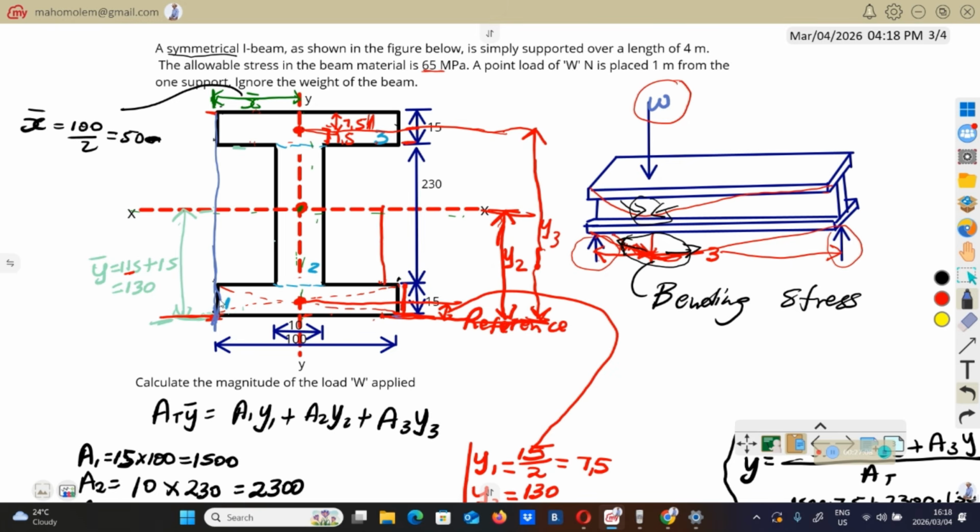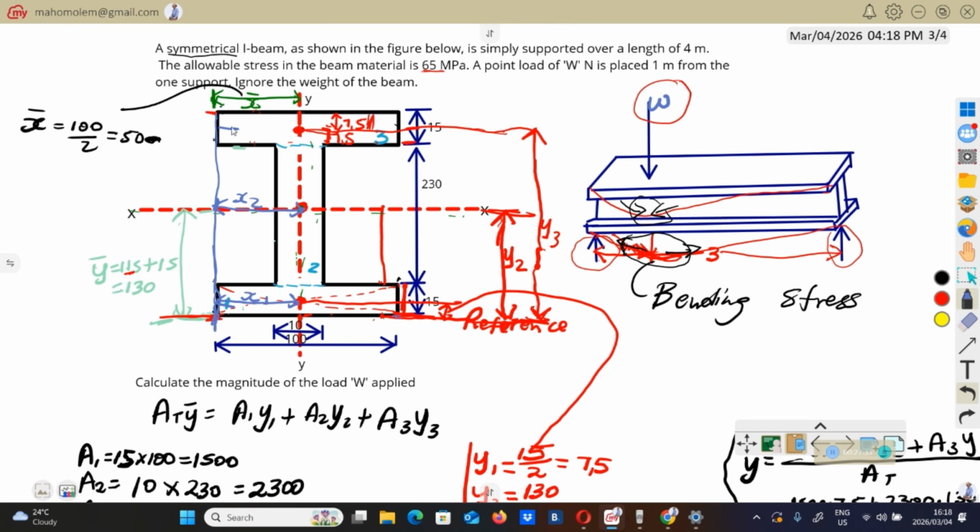So x1, I mean x1, horizontal distance, is going to be the distance from here to this center here. It's going to be x1. X2 is going to be the distance from the reference to the center of component number 2. So that will be x2.